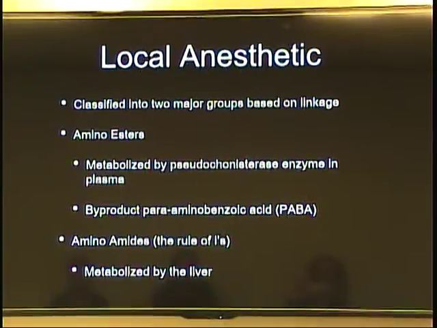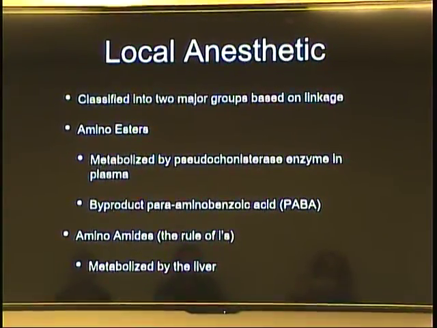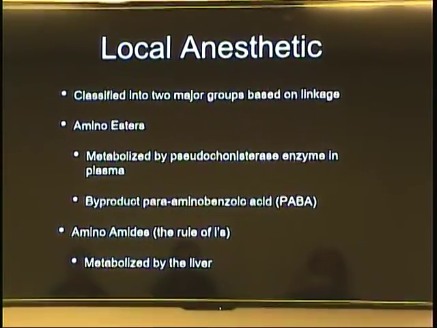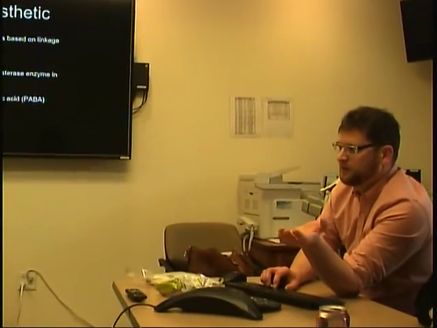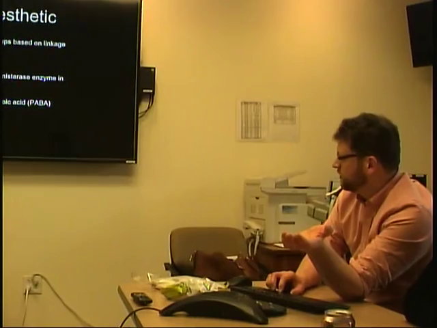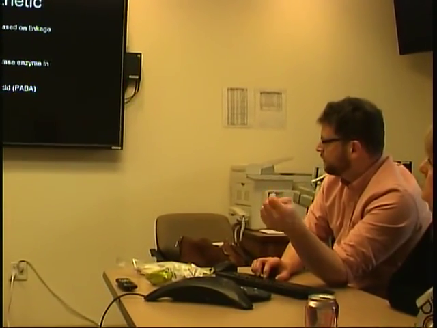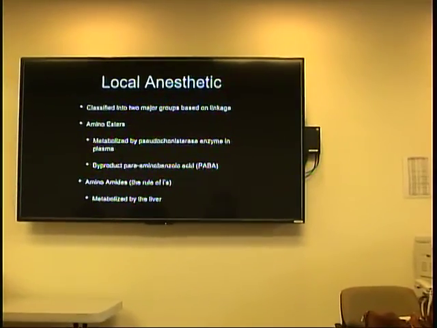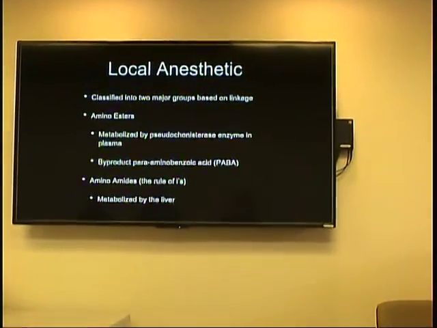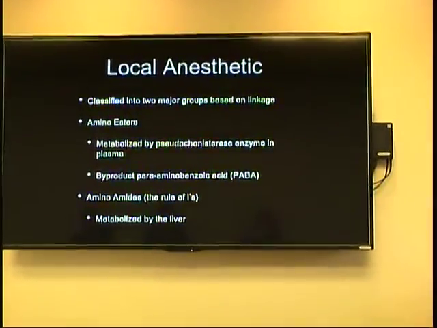So the amino esters are metabolized by pseudocholinesterase and enzymes in the plasma, so it's independent of how well your liver works. Your body just breaks it down. There's a natural byproduct, PABA, para-aminobenzoic acid, and we'll talk about that in a little bit. And then amino amides are metabolized by the liver.